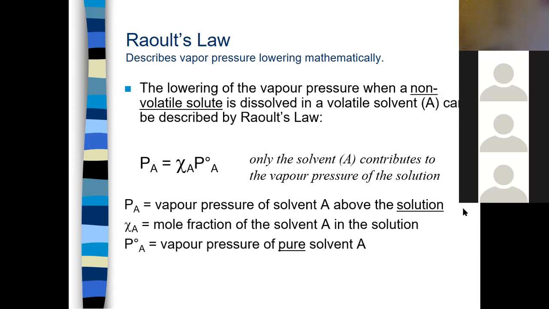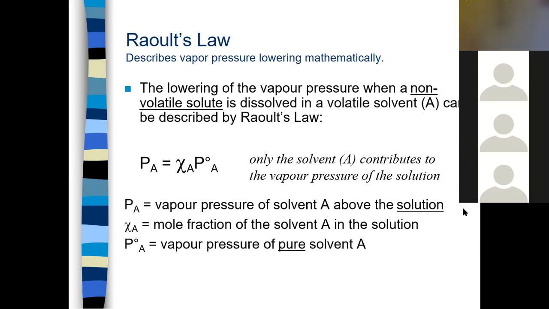So keep in mind that the solute is not volatile. So the solute does not contribute to the vapor pressure. Only the solvent contributes to the vapor pressure because only the solvent is volatile. So what Raoult's law is saying is that as a result of dissolving the solute in the solvent, you have a mole fraction of solvent less than 1, right?